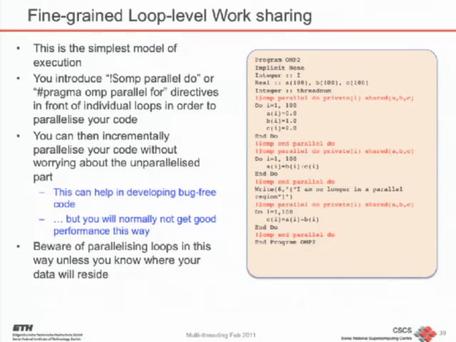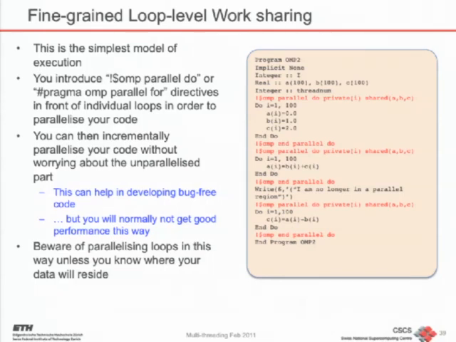At every loop you make it a parallel region, you put a parallel do directive in there, or in C++ parallel for. You can do this incrementally and leave all the rest of the code serial. It doesn't speed things up, but at least you can see that the right numbers are coming out. You can get bug-free code, but even if you do that all the way through the code, you're unlikely to get good performance.